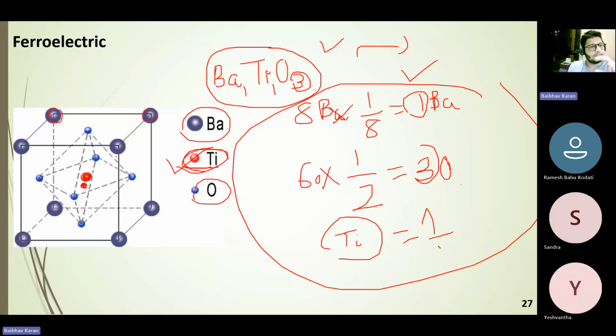So this difference in the center of the charge is creating an electric field in the material, and this shows positive and negative charge imbalance, and therefore ferroelectricity is observed in the case of barium titanate, BaTiO3.